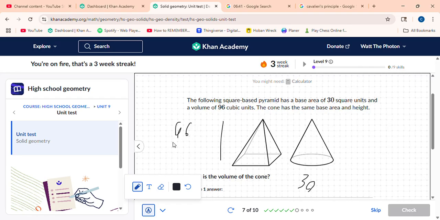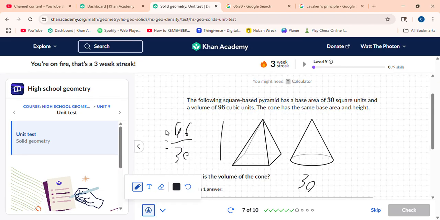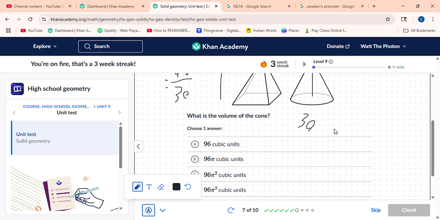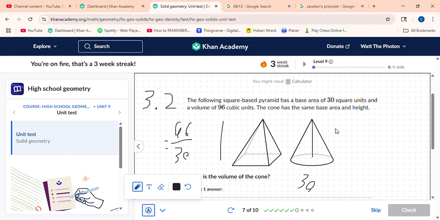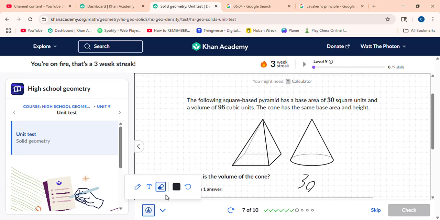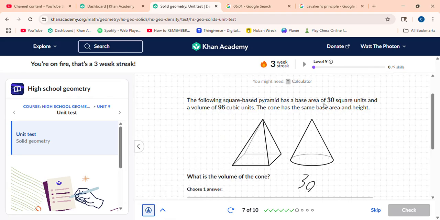So 96 over 30 is equal to 3 1/5, 3.2. Actually, it's worse than that. I should multiply this times 3. I don't know why I'm doing any of this. It should just be the same. It's the same base.